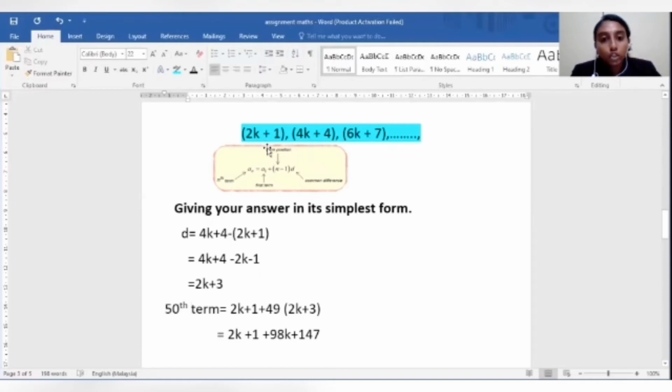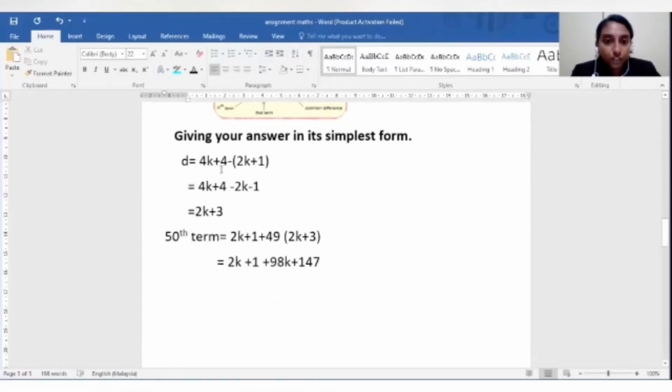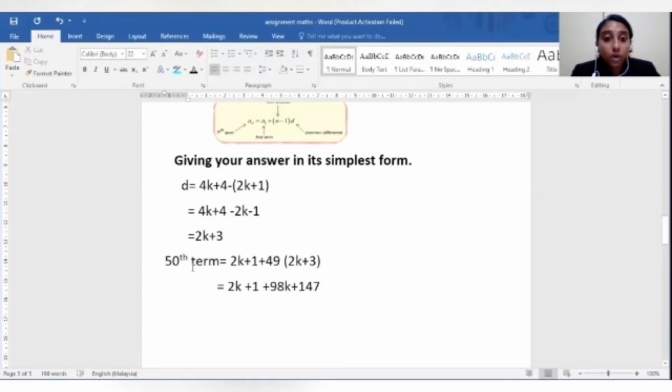Alternatively, there is another way, which is 4k plus 4 minus 6k plus 7, because we identify the common difference. If we use either pair of numbers, we will get the same answer, which is 2k plus 3.